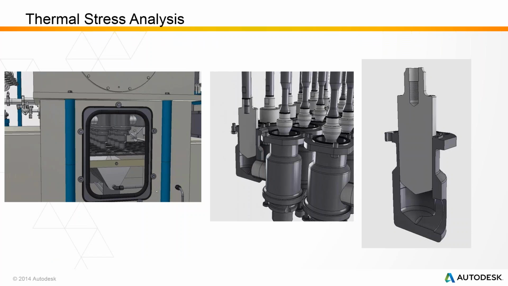Another example is thermal stress. So here we're looking inside a processing machine. There's an area where the equipment is cleaned. So this is an area where food is dispensed into a chamber, and it comprises of a metal sleeve and a plastic piston.